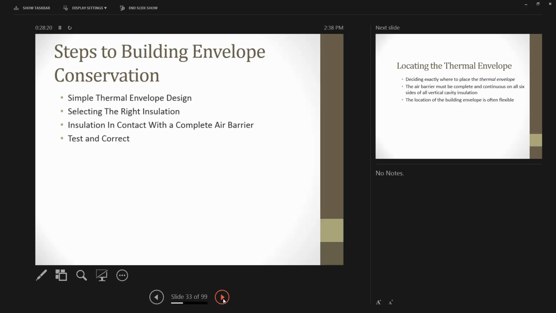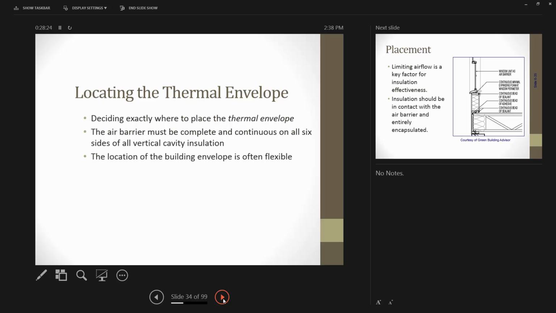So the first part of it is just locating the thermal envelope and understanding where you have that barrier between the inside and the out. We talked a little bit about it last week, but understanding where the air barrier is, and then making sure that, especially with a fibrous insulation, you've got it covered on all 6 sides.